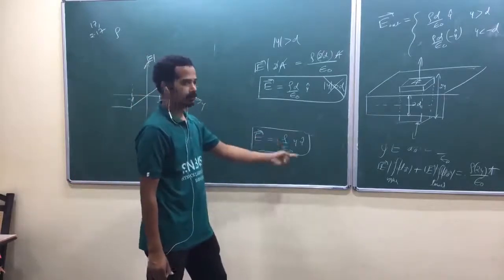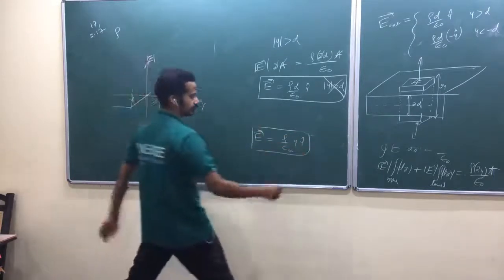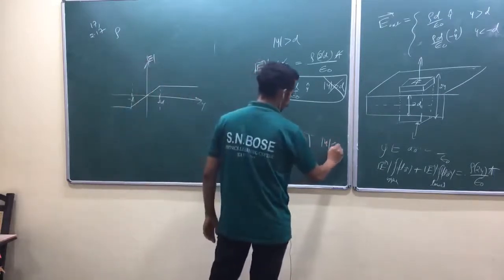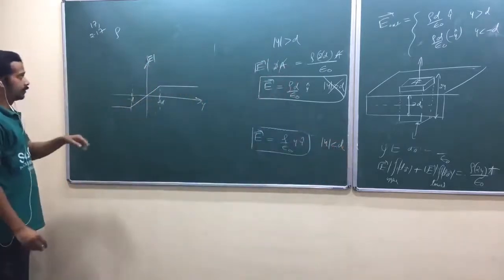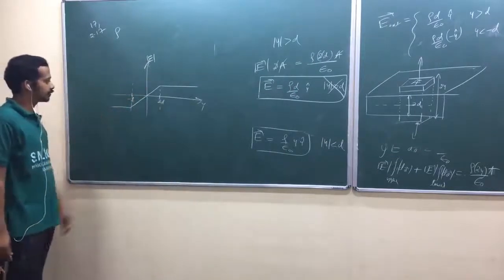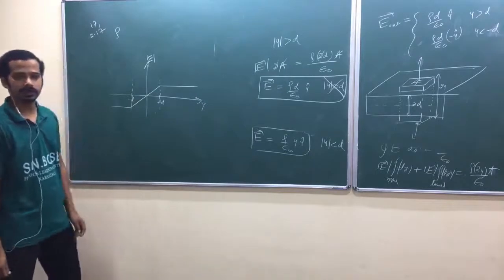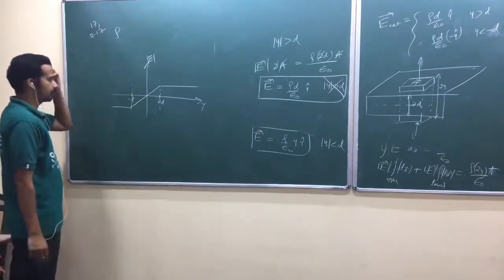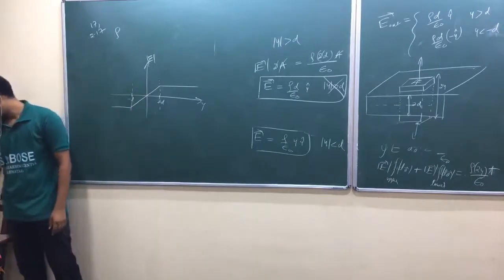If y is negative, it will introduce one more negative sign, it will be minus y cap. Is that okay? This is when mod y is less than d. So look at here, your electric field is negative when it is less than minus d, and positive when it is greater than d. Okay. So this is the plot of electric field as a function of y.